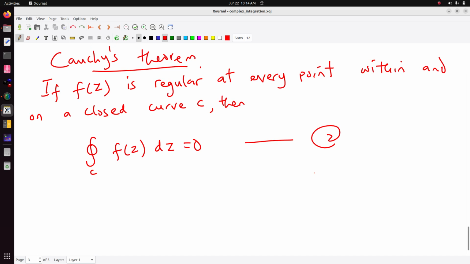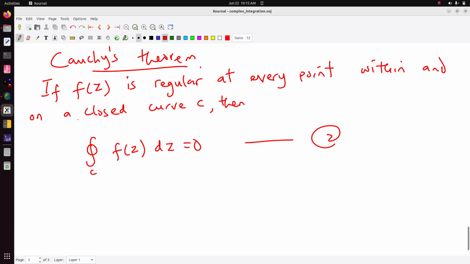It states that if the complex variable f of z is regular at every point within and on a closed curve C, then, the circle over the integral indicates that it's a closed curve, the integral is going to be 0.